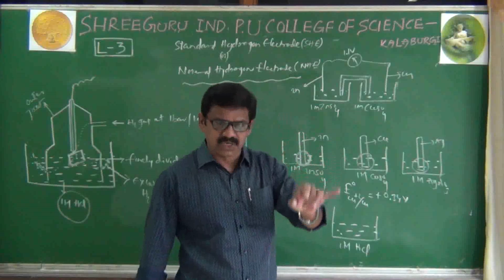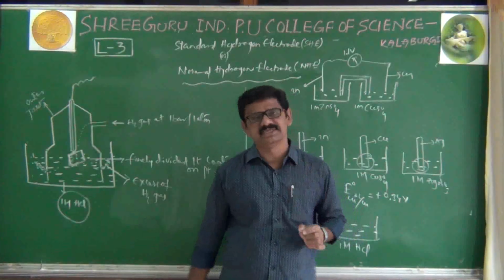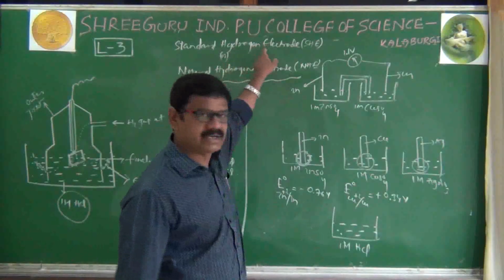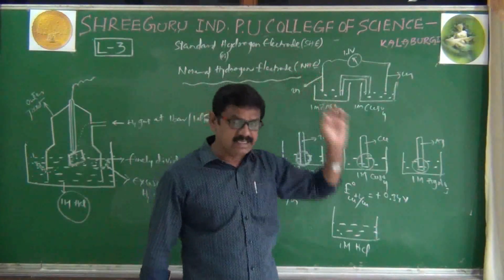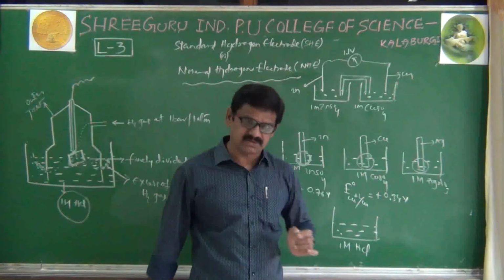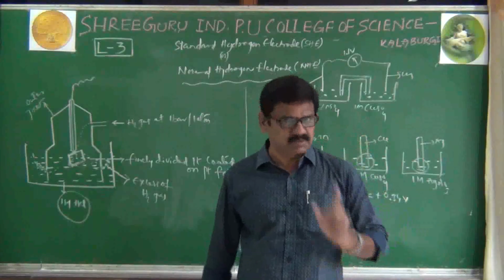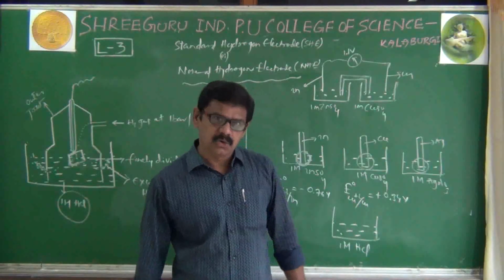That other electrode is considered a reference electrode. According to the IUPAC convention, that reference electrode is the standard hydrogen electrode. The standard hydrogen electrode is considered the reference electrode and its potential is assumed to be 0 volts. Remember, it is not calculated, it is just assumed to be 0 volts.